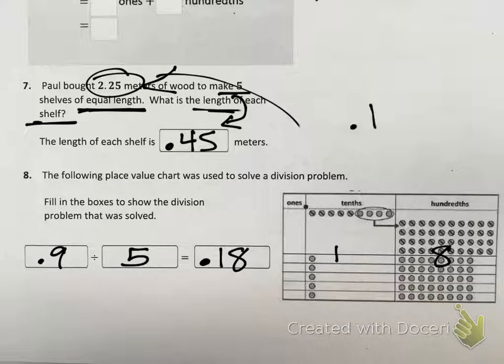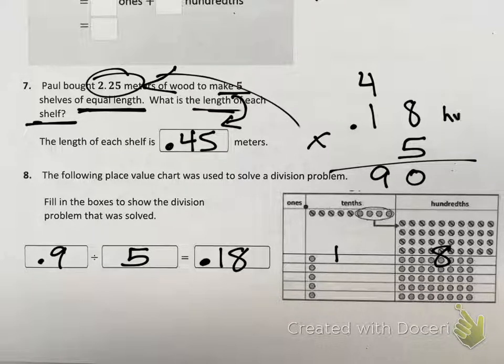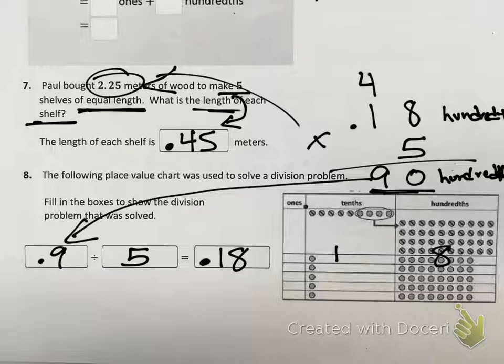So we have 18 hundredths, multiply that by 5. 5 times 8 is 40. Carry the 4. 5 times 1 is 5. Add the 4, 9. And this was hundredths. Now, the 0 does count as a digit right now. When we put this in hundredths, we have 90 hundredths, which is the same thing as 9 tenths.